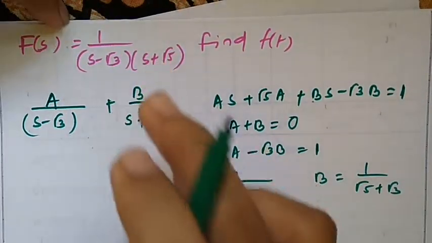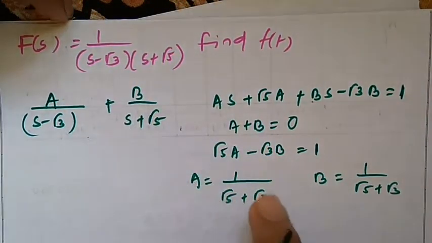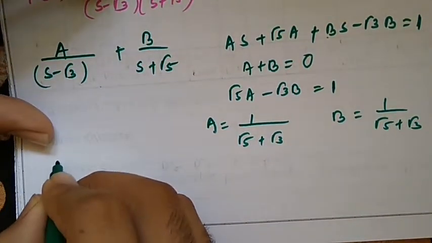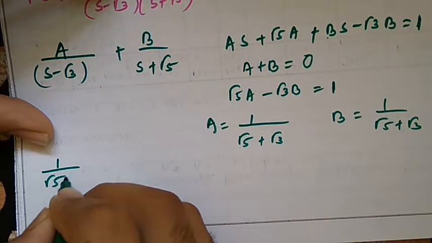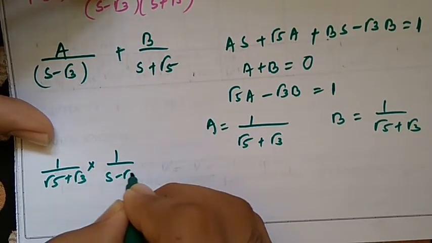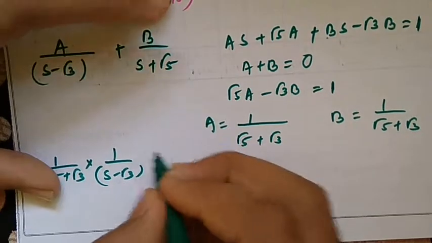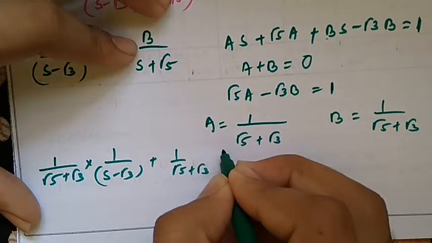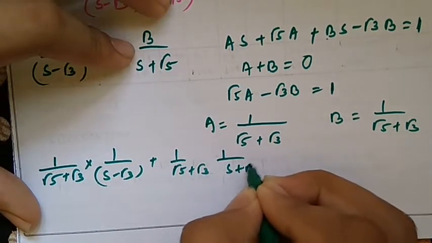So there are two constants: 1 by (2 root 3) into (s minus root 3), plus minus 1 by (2 root 3) into (s plus root 3).